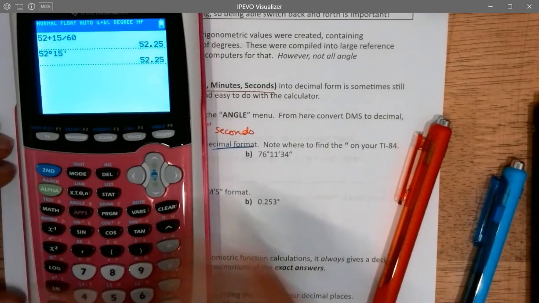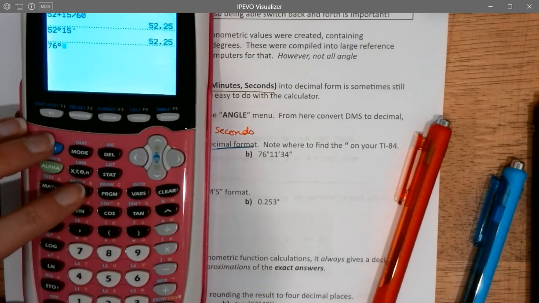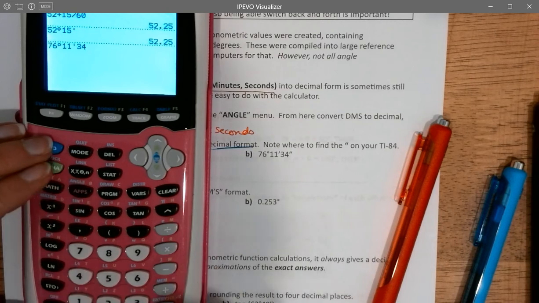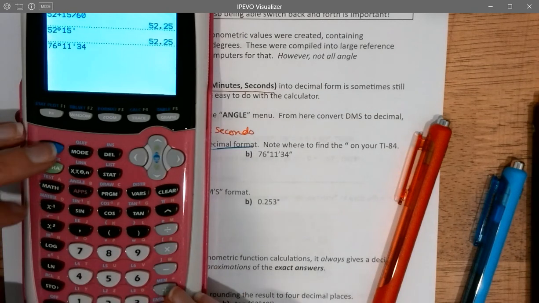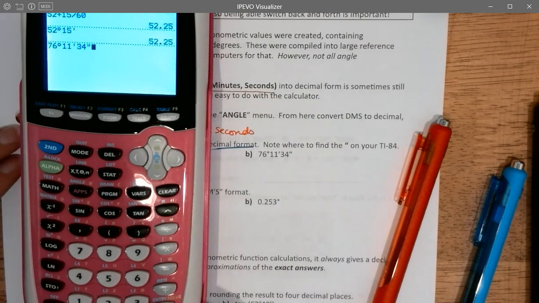I can do the same thing over here by typing 76 degrees, 11 minutes, 34. I'm going to hit second plus to get, I'm sorry, it's actually alpha plus to get to the double tick for seconds.